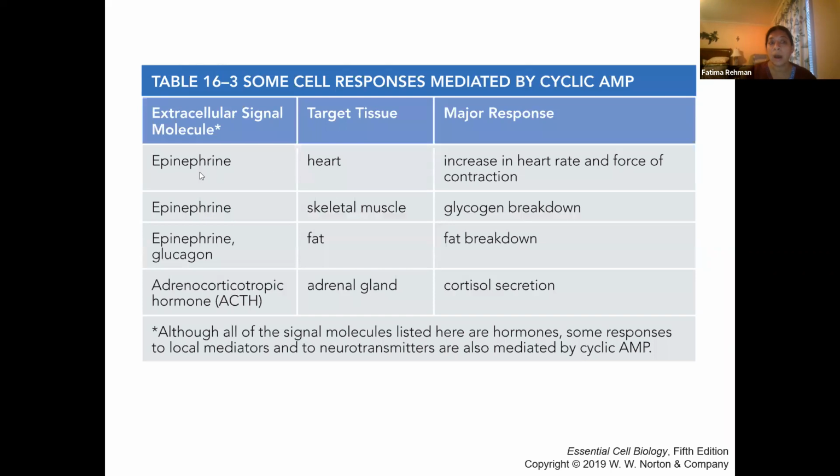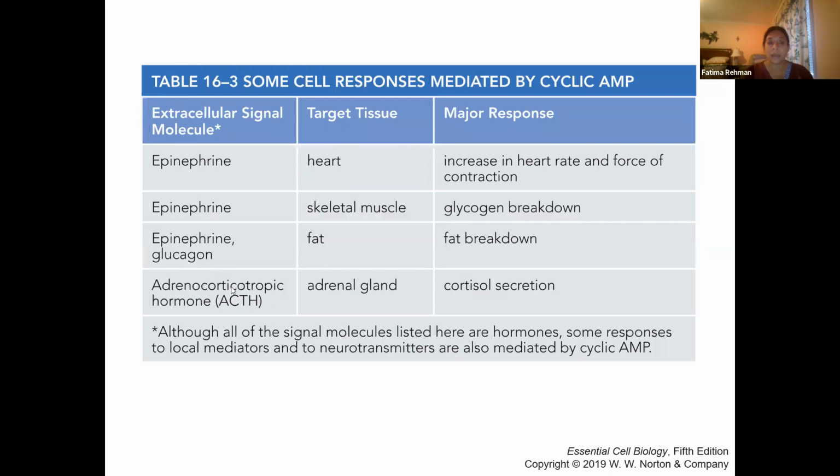So in the heart, epinephrine will increase the heart rate and how forcefully the contraction is happening at each heartbeat. However, in the skeletal muscle, it's going to break down the glycogen. That's the storage of energy in your muscle fibers, right? As a response to this extremely high epinephrine level.